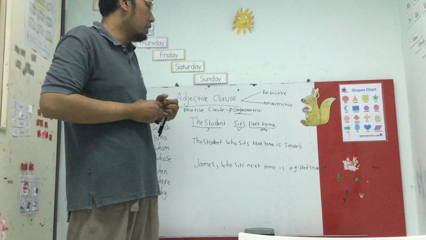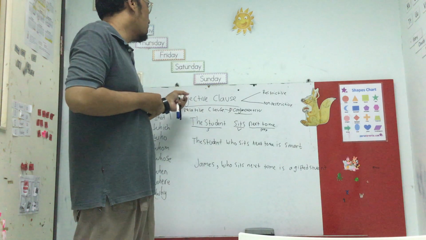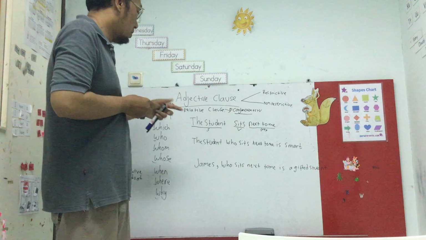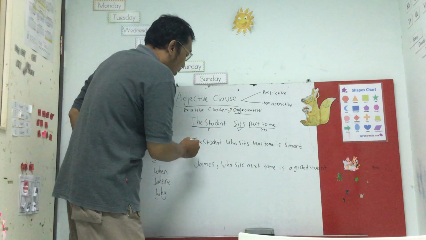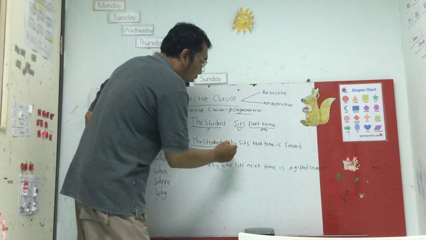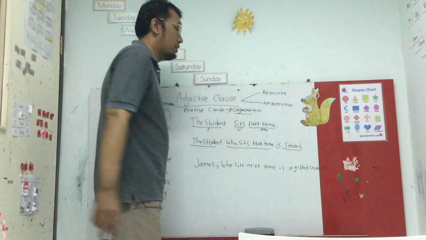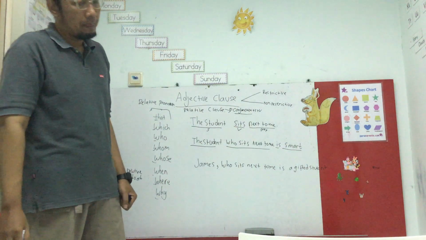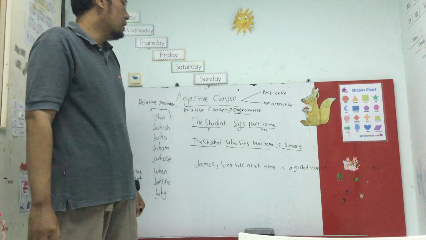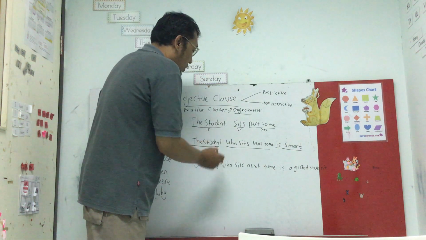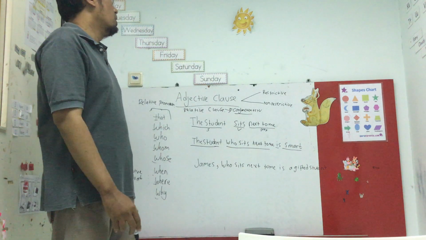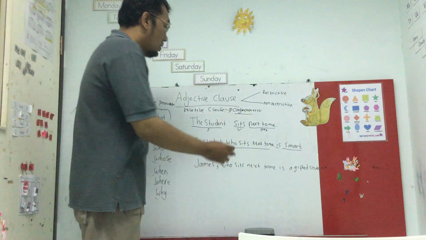And then let's try to add an adjective clause. Let's take a look at number 2 over here. The student who lives next door is smart. So we have the adjective clause here.